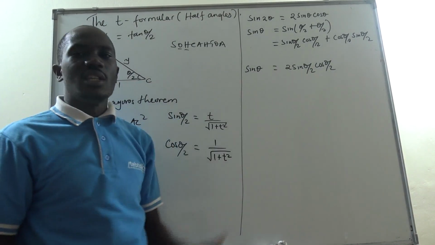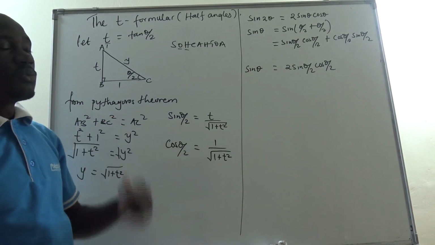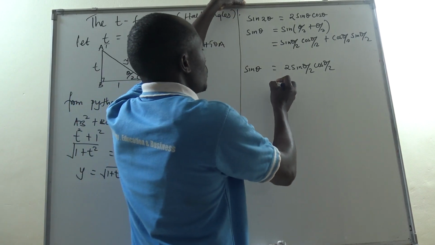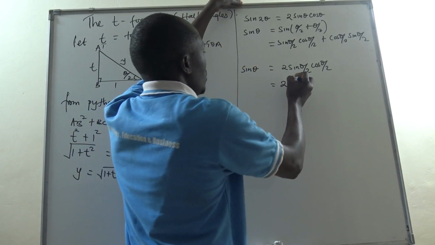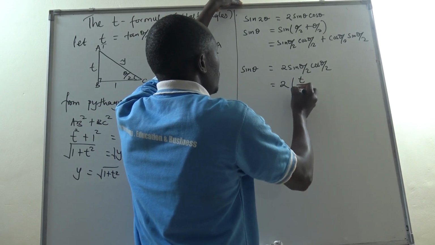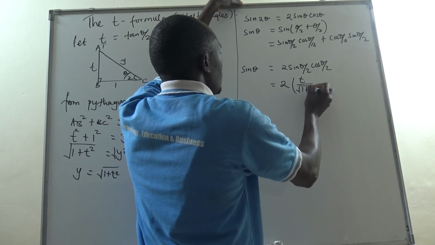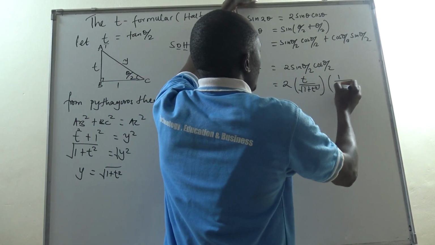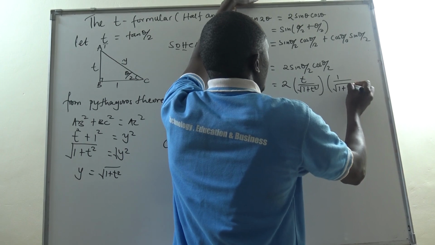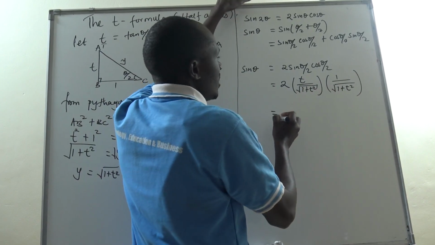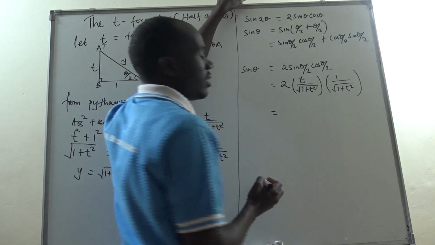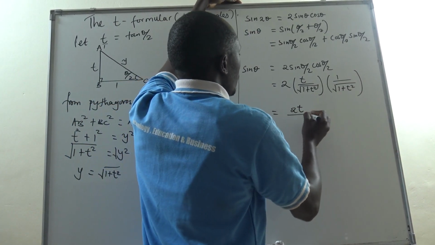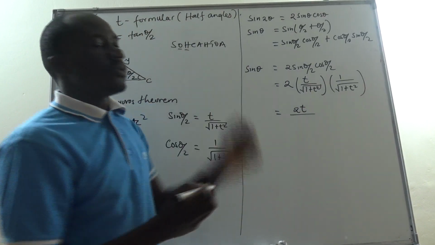But do we know our sin theta by 2? Our sin theta by 2 in terms of t is already given as t all over the root of 1 plus t squared. So we substitute in 2 times t out of the root of 1 plus t squared. Cos theta by 2 is given as 1 all over the root of 1 plus t squared. So when we go ahead, this becomes t times 1, we are getting a t, times the 2, we are getting 2t all over root of 1 plus t squared times root of 1 plus t squared.